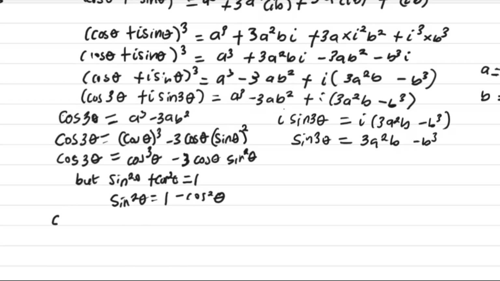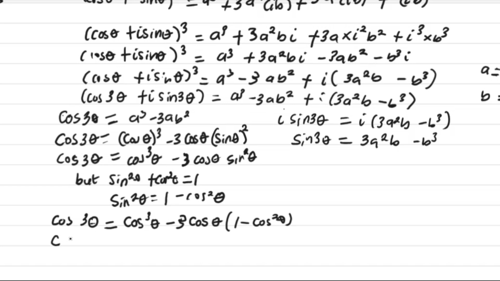So here it means that cos 3 theta is equal to cos cube theta minus 3 cos theta into sine square theta, which is 1 minus cos square theta.